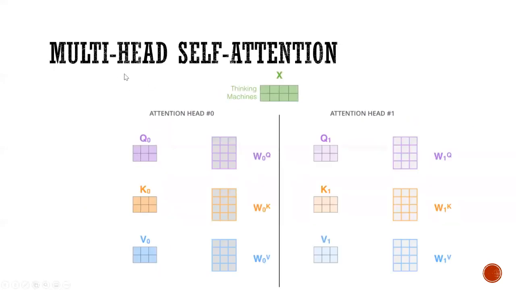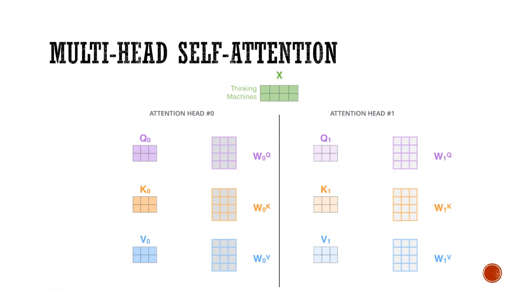Okay, and then as I mentioned, there's multi-head attention. People usually use 8 or 16 heads. What it means is, as someone mentioned in that example, there can be other choices of where to focus.